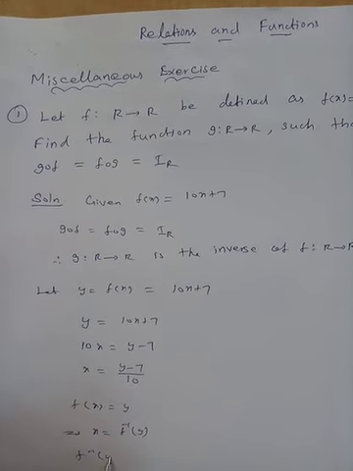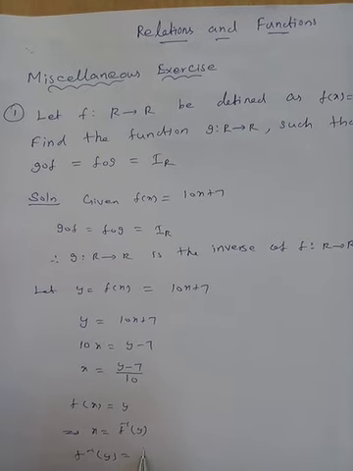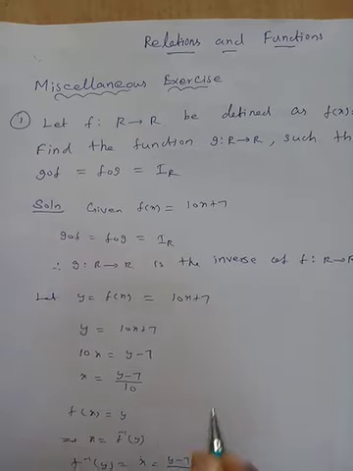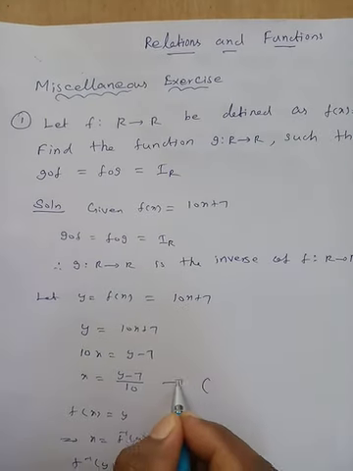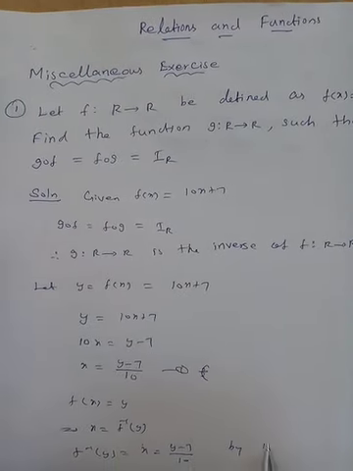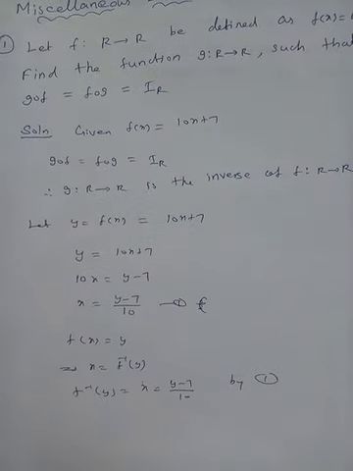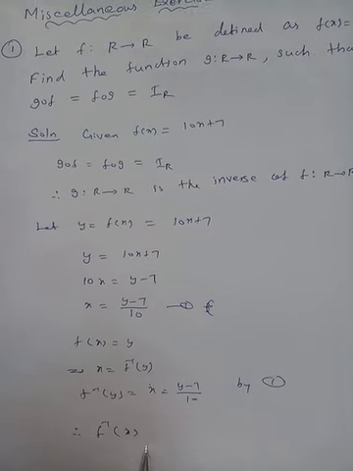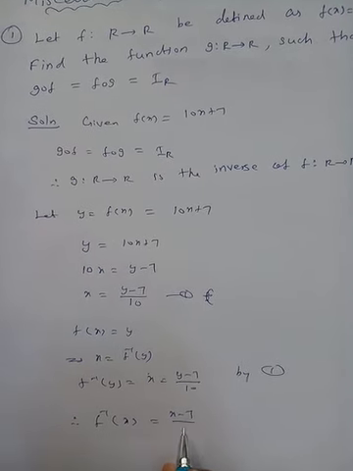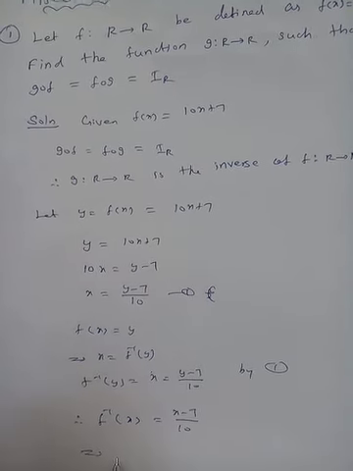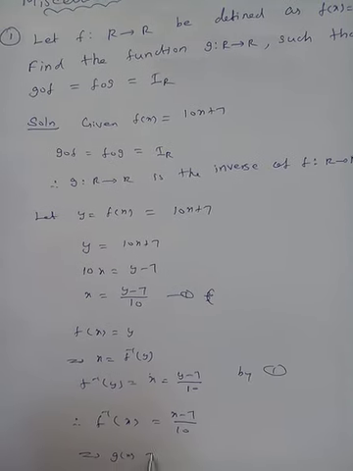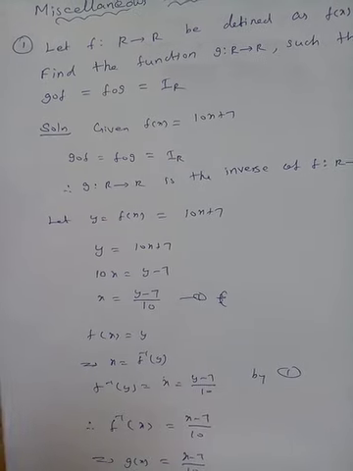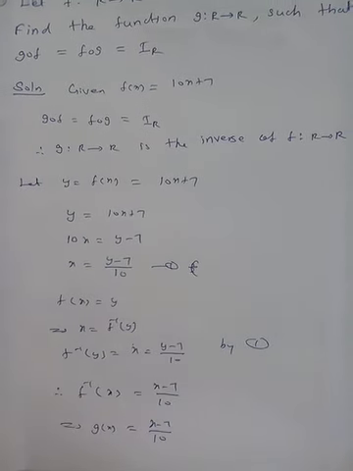Therefore, f inverse of y is equal to x equal to (y minus 7) by 10. Therefore, f inverse of x is equal to (x minus 7) by 10, which implies g of x is equal to (x minus 7) by 10, the inverse of the function f of x.